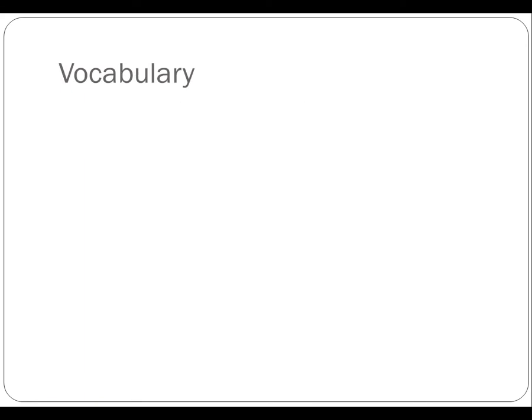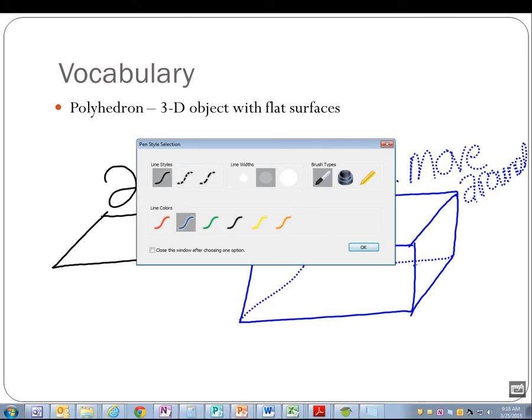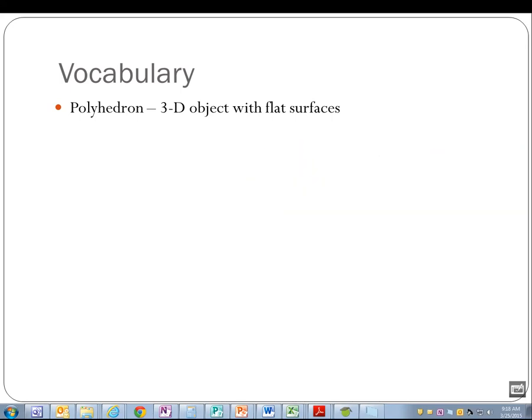So vocab. A polyhedron, if you can read that, is a 3D object with flat surfaces. A rectangular prism has flat surfaces.